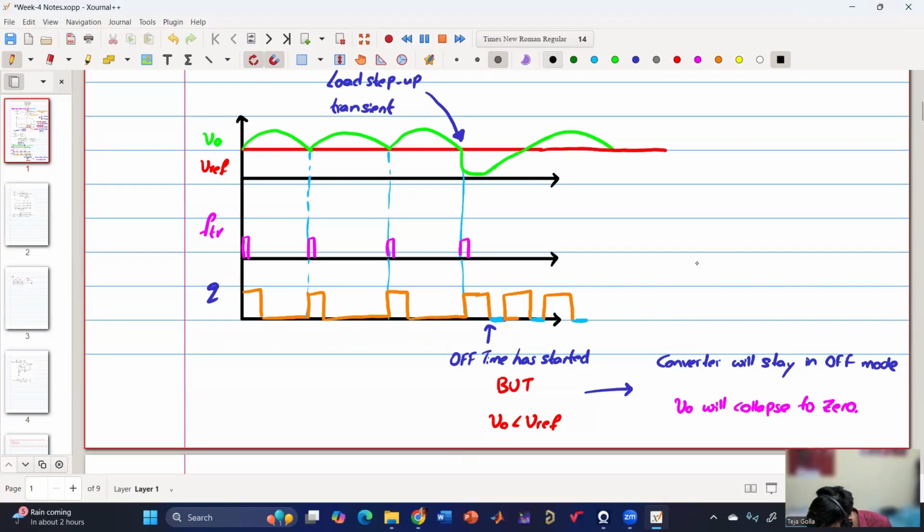So here I am generating force trigger. Here also I am generating force trigger. So these two are forced. They did not happen on their own, but we have forced them because of the situation the converter is in. We have to forcefully turn it on, else the converter will collapse.